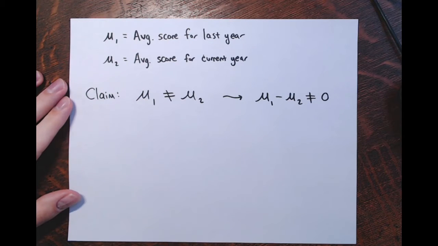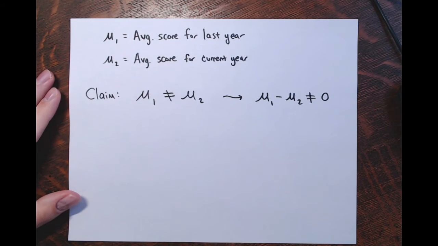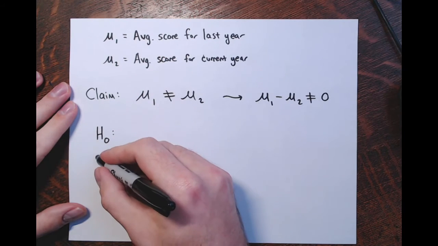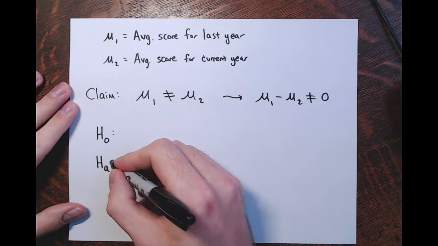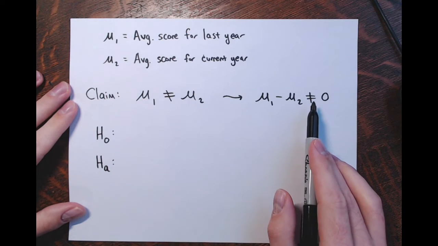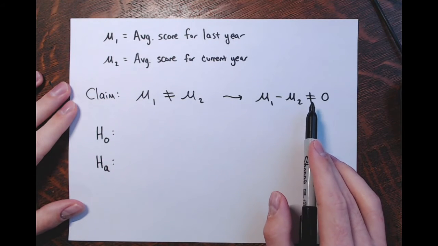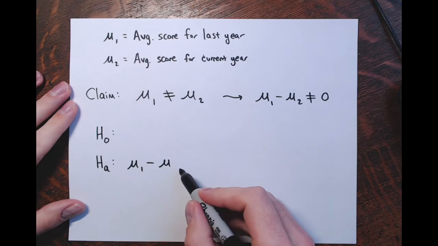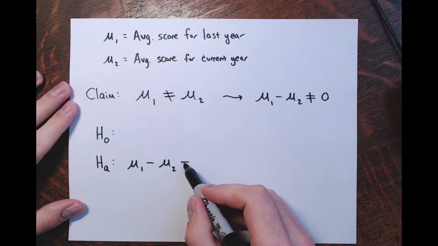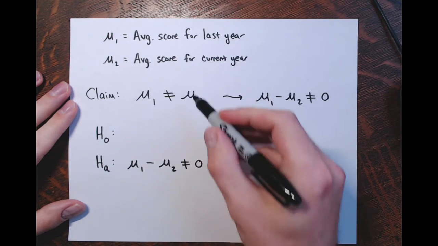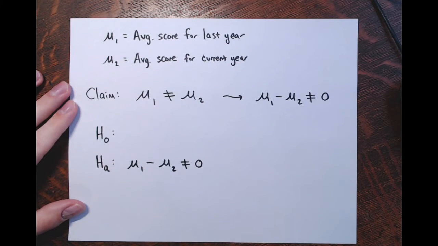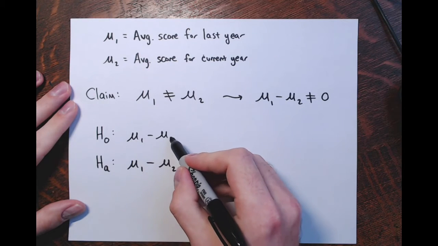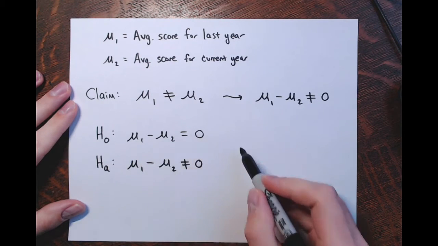Alright, and once the claim is established, right, then you can set up your hypotheses. Now this claim does not involve equality, it's not equal, so that'll be represented by the alternative hypothesis. Right, that mu1 minus mu2 is not 0, right, that these averages are different. And the opposite of this will be the null, that mu1 minus mu2 is equal to 0.